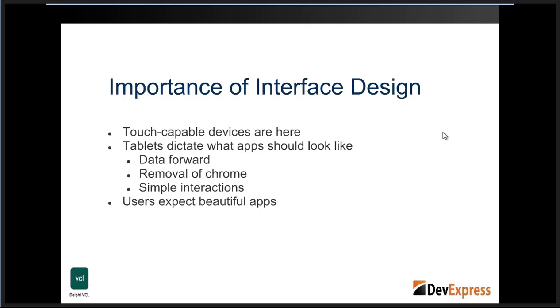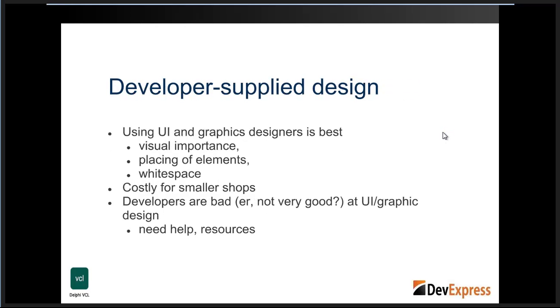They want complex results from simple interactions. And most of all, tablets are showing people that beautiful applications are where it's at. They're expecting applications to look good, no longer just throwing gray on gray. They want imagery, color, typography.